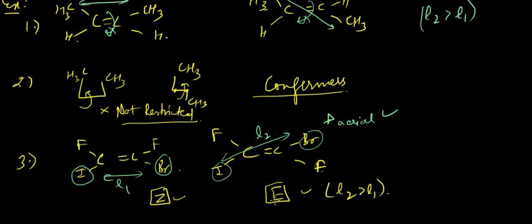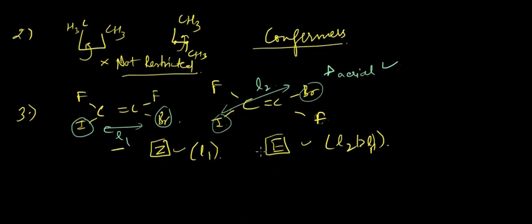When the most bulky groups are nearer to each other, it is Z. So for L1 we have Z, for L2 we have E.